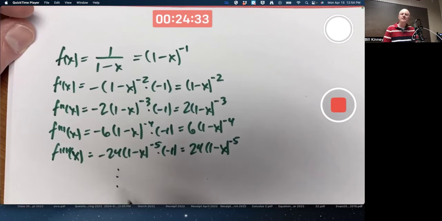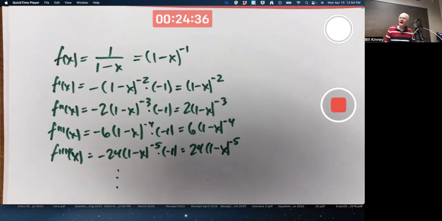We could keep going. What should we use for a? Technically, anything except 1 is okay.